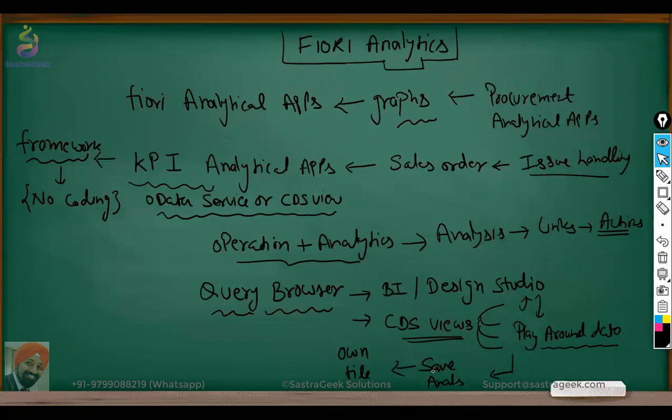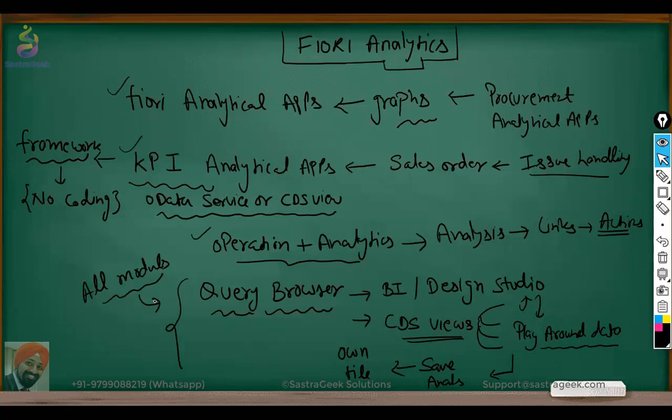So this is the functionality which would be available within the Fiori analytics. In this chapter, we'll be going through these different applications. When we discuss order to cash, procure to pay, those kinds of sessions, we will go into this. This would be common for all modules. For all modules, your 80 to 90% reporting requirements, without doing any developments, you would be able to fulfill through the query browser.